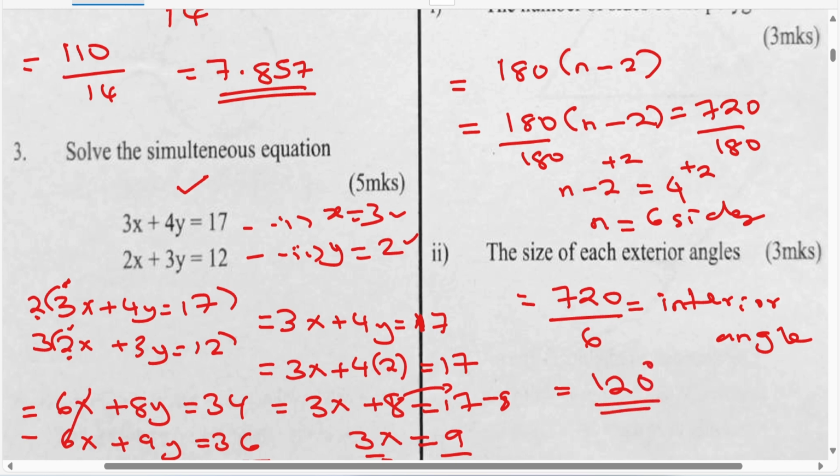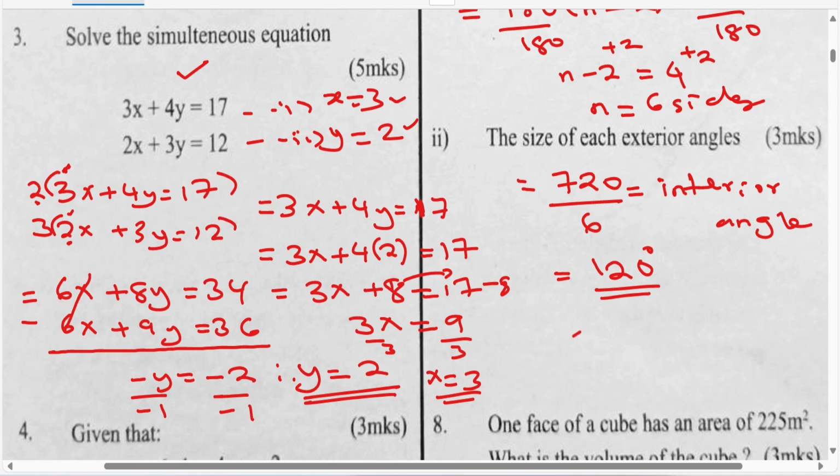And you know that interior plus exterior gives you 180. So if you want to get exterior, you just take 180 minus your interior, which is 60.